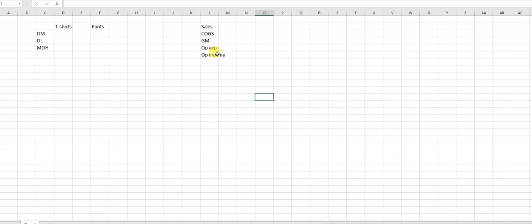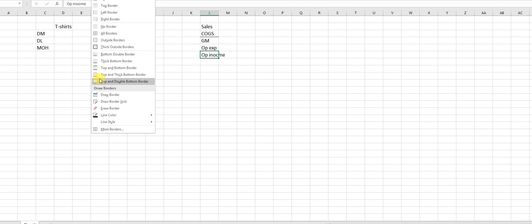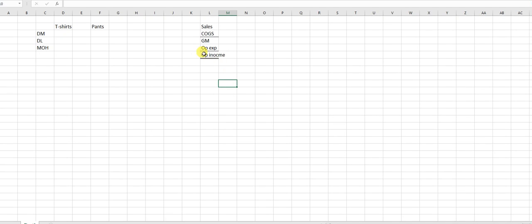Okay, so I have sales minus cost of goods sold is gross margin, minus operating expenses gives me operating income. And that's a formal statement, if I could type right. That's a formal statement for GAAP for financial statement purposes.